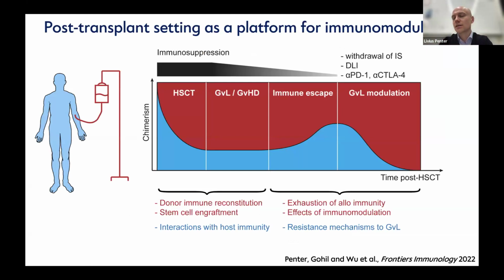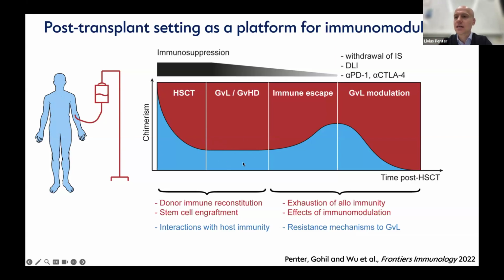And here you can see allogeneic stem cell transplantation in a nutshell, where we basically have donor cells in red that are infused into the patient in blue, and then we try to achieve disease control, meaning we try to eliminate the blue hematopoietic cells, and we oftentimes don't get to zero.